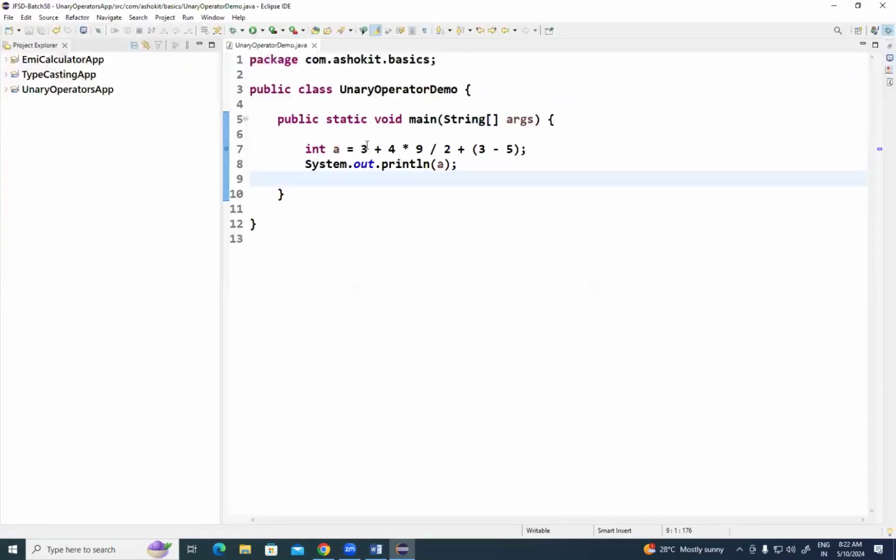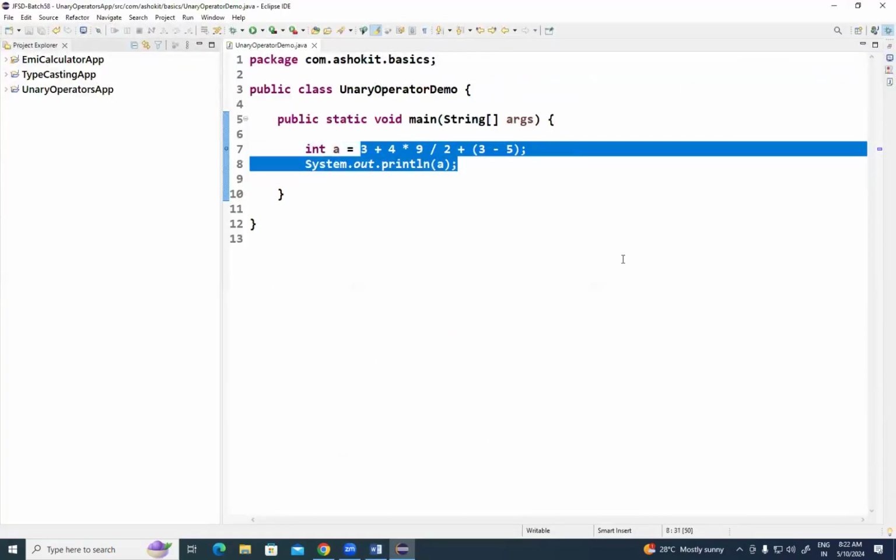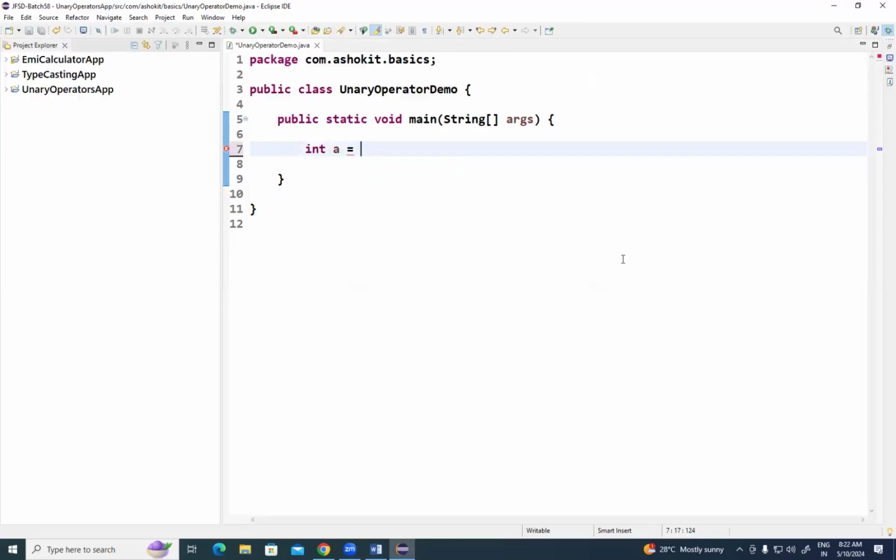Try to find out the result of this expression.